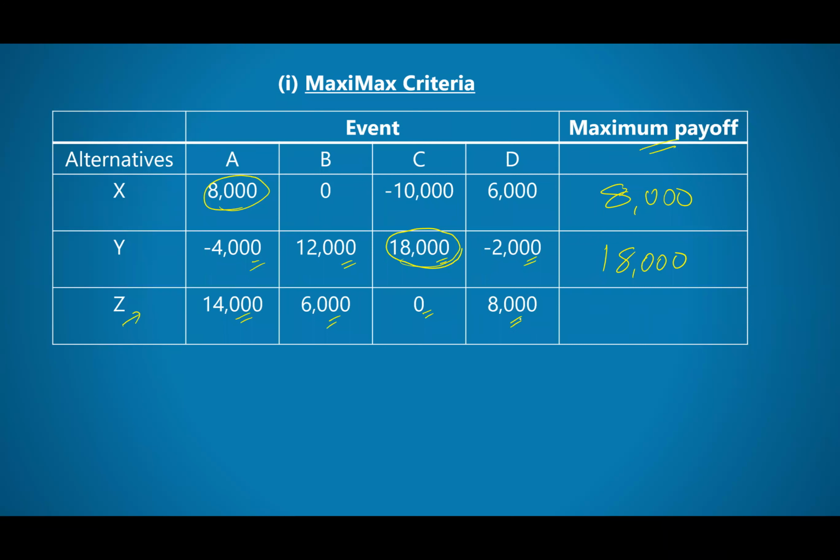So by look of things, the highest is 14,000. So in the column I've labeled maximum payoff, I bring my 14,000 there. So in the chart, which would be the best if we are following Maximax? Which one would be the best alternative?